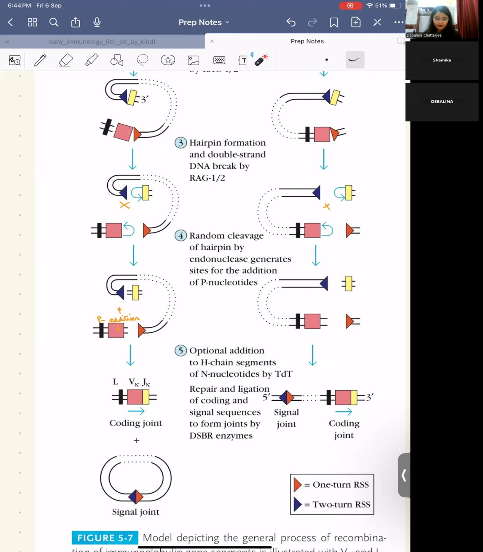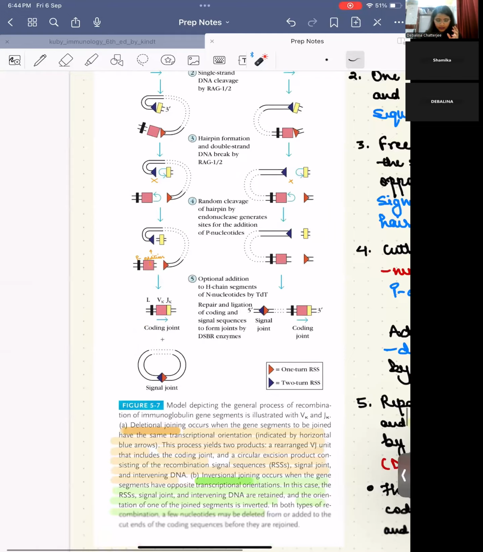So that's how, if this turn is ultimately resolved and we again have the DNA which is now linear in structure, somewhere upstream or it might even be downstream, we have the signal joint which is maintained some base pairs apart from the coding joint which has been formed.